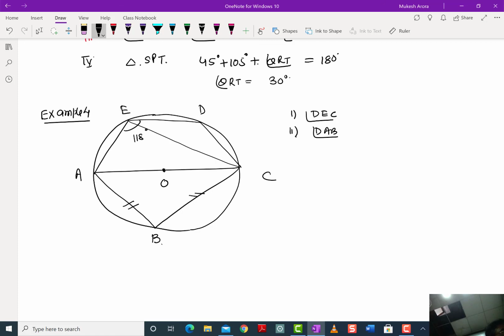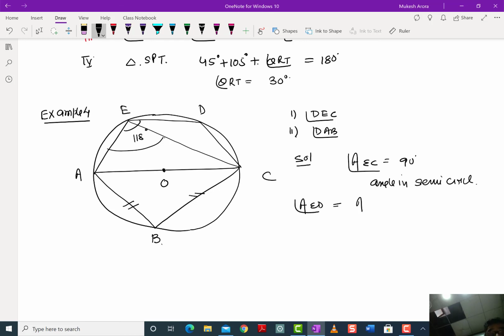DEC. So angle AEC is equal to 90 degree, angle in semicircle. So angle AED is equal to angle AEC plus DEC.